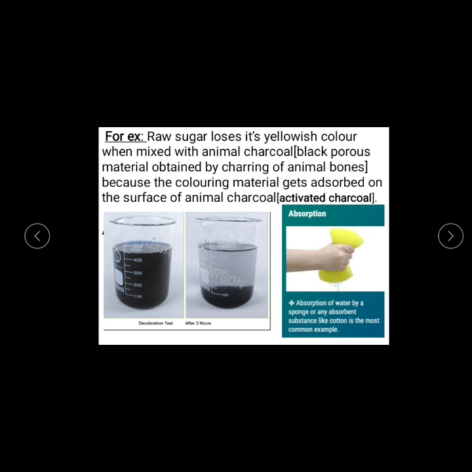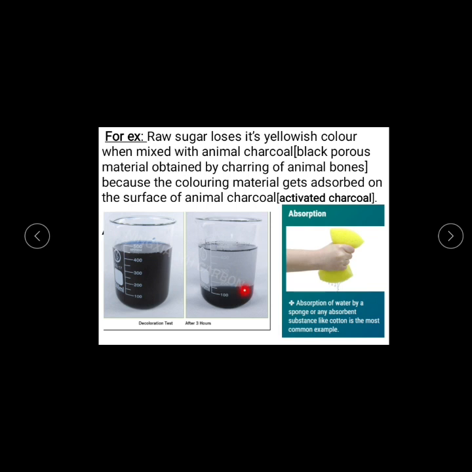Now, activated charcoal means that form of charcoal which is highly porous and is obtained by heating charcoal to high temperatures. Here you can see the example of absorption, where a sponge is absorbing water, and here you can see decolorization of a colored solution containing impurities using activated charcoal.